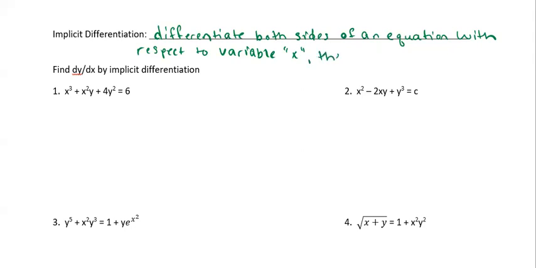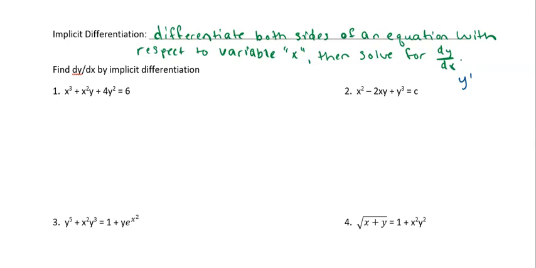And then solve for dy dx. And remember, another way of writing dy dx is y prime. So if we are using implicit differentiation, we have to take the derivative with respect to the variable, and then we have to solve for dy dx, which is also y prime.